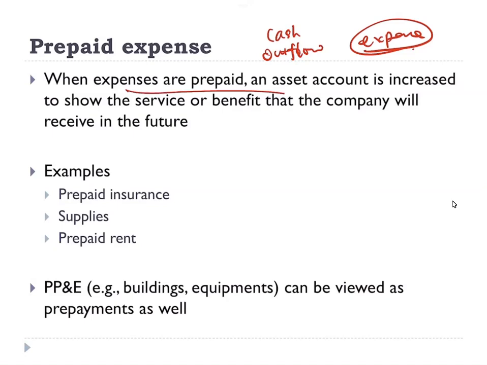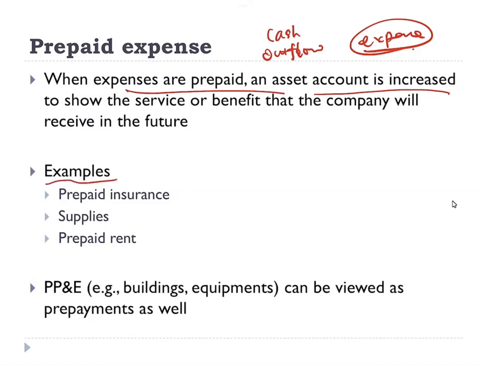When we pay out cash for expenses that haven't happened yet, we usually debit or increase an asset account, because we paid out that cash, so now the firm has the right to receive that service, or those goods, in the future.